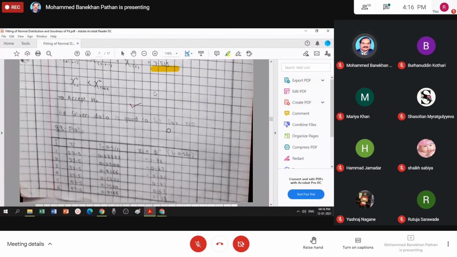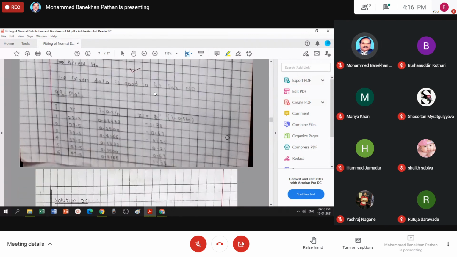Now you can study goodness of fit by another method which is called QQ plot. Q means quantile. So by using theoretical quantiles and original observed quantiles, if they match, data is good.